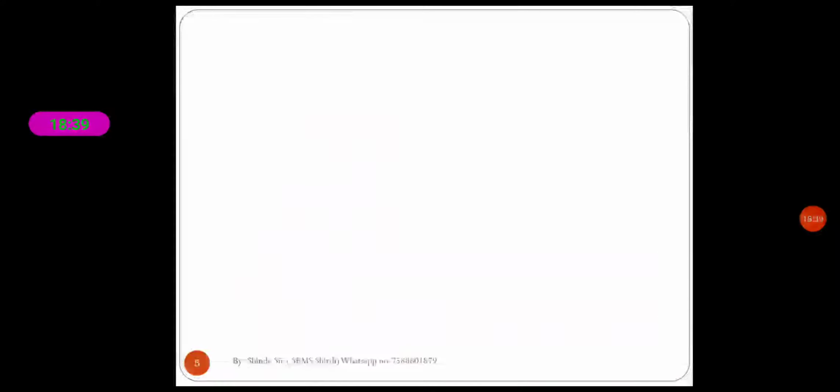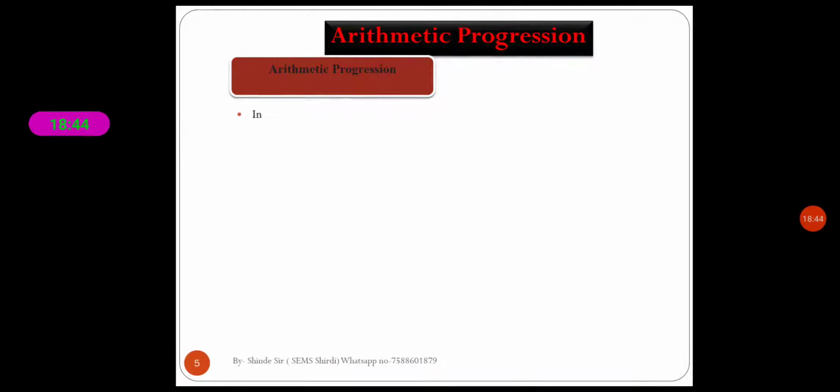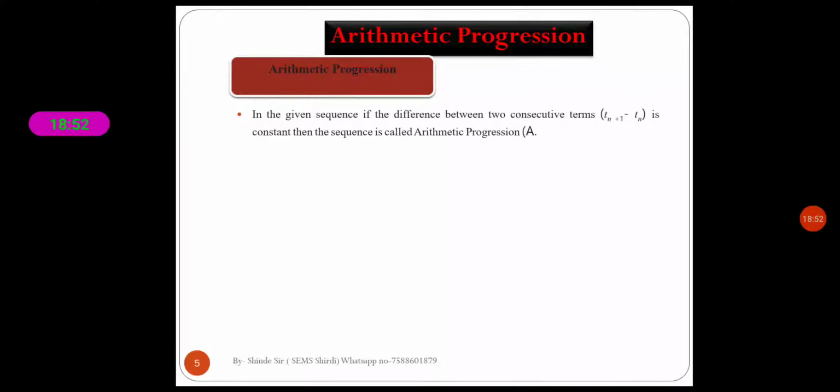Now we see the actual definition of arithmetic progression. In the given sequence, if the difference between two consecutive terms, in general tn plus 1 minus tn, is constant, then the sequence is called an arithmetic progression.